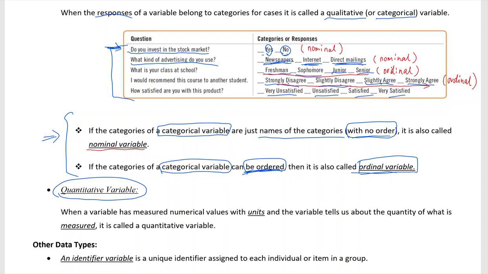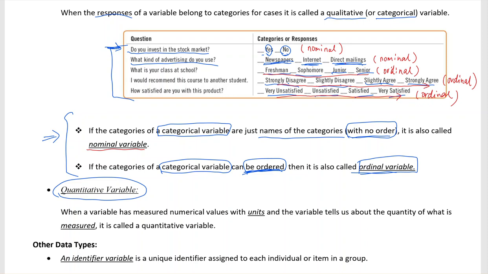All right, and then next, how satisfied are you with this project? From very unsatisfied until very satisfied, right? So you can order these four categories. Again, it will be ordinal. All right. Got the idea? Right, so first, it needs to be a categorical variable.